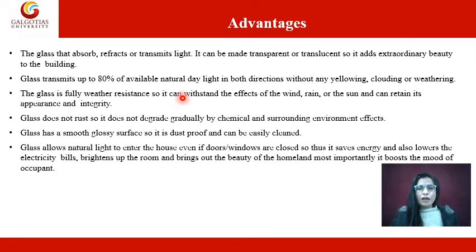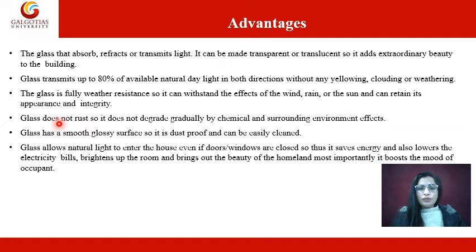So here we have some advantages of glass. Glass does not rust, so it does not degrade gradually by chemical and surrounding environment effects. Glass can absorb, refract and transmit light. It can be made transparent or translucent, so it adds extraordinary beauty to the building.